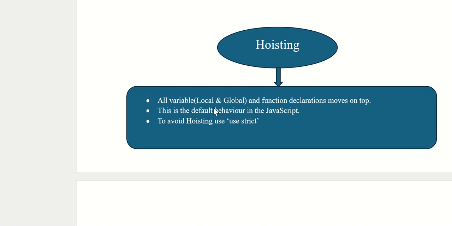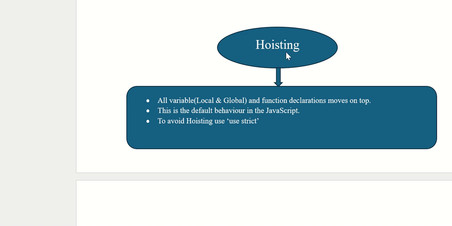Here you can see hoisting: all variable and function declarations, local and global, move to the top. We discussed that whatever variable you are declaring or defining, you are able to use it above the declaration and definition.